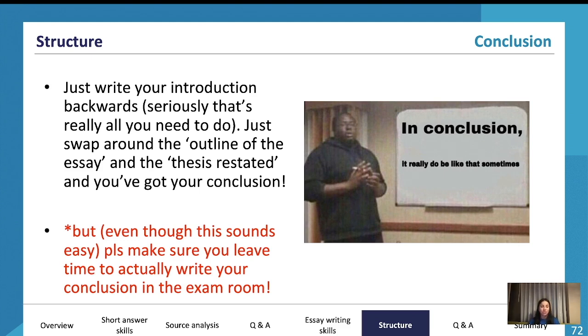But for the structure mark, it is very, very likely that if you don't have a conclusion, you'll lose at least 1 mark. And to write 4 to 6 sentences where nothing new is being brought up, it's literally just writing your introduction backwards and restating your thesis. I don't see why you'd miss it. That's why I feel it is not very likely that you won't finish your essays, especially if you sit the paper in order.